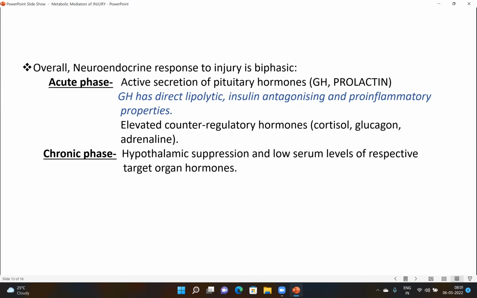Growth hormone has direct lipolytic action, insulin antagonizing, and pro-inflammatory properties. In the chronic phase, hypothalamic suppression occurs, and the serum level of the respective hypothalamus-targeted hormones decreases.